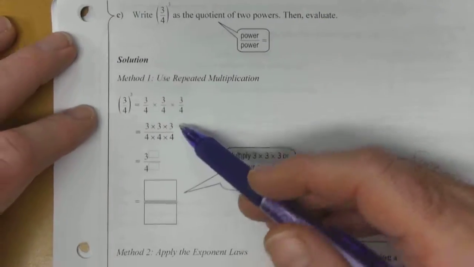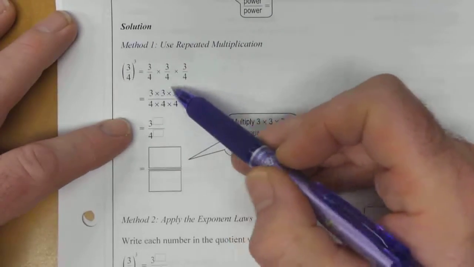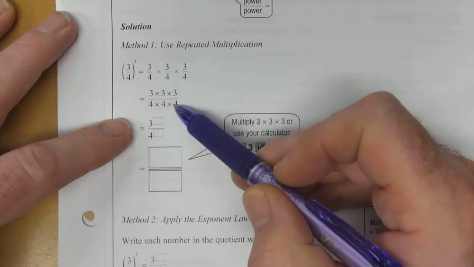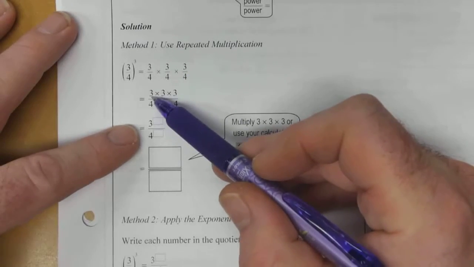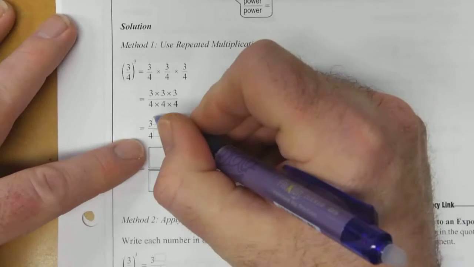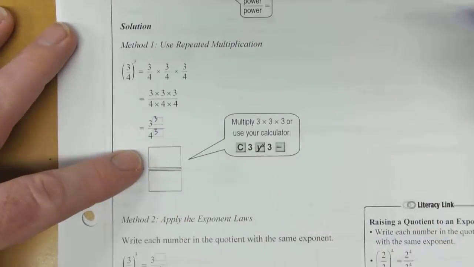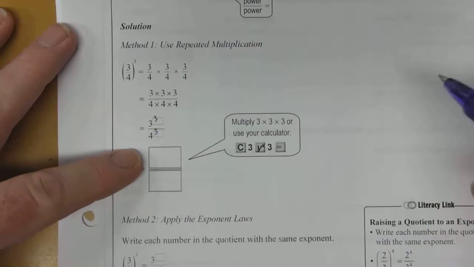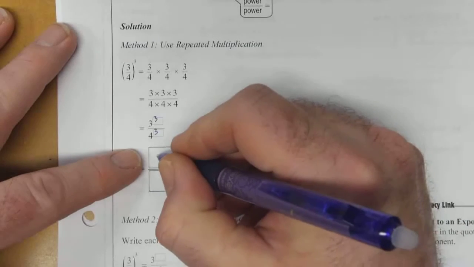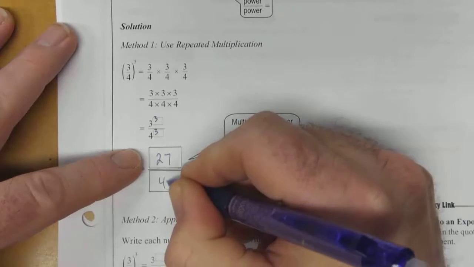That is pretty straightforward. Group your numerators, group your denominators, and you'll see that you've got 3 to the third power and 4 to the third power. If you do that on your calculator, you've got 27 over 48.